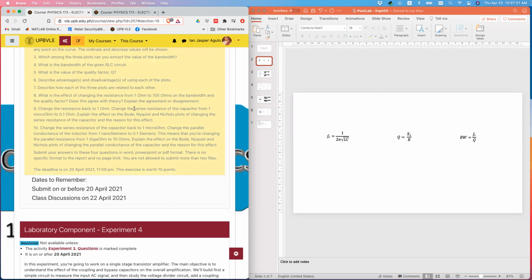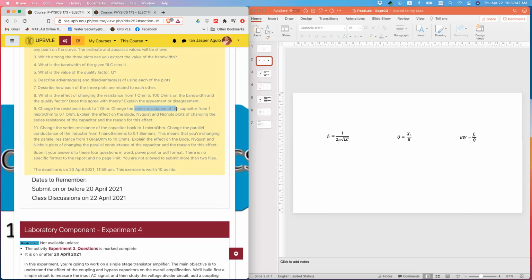Okay, so this series resistance is a leakage resistance. In other words, yung dielectric ay hindi nagwo-work properly, which means na hindi mataas yung resistance niya. So meron siyang finite resistance na hindi negligible.